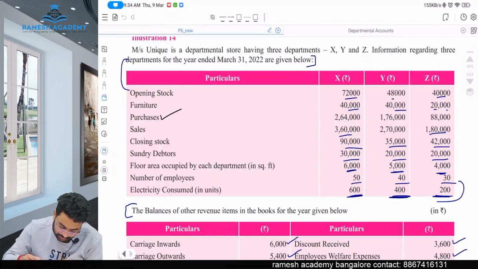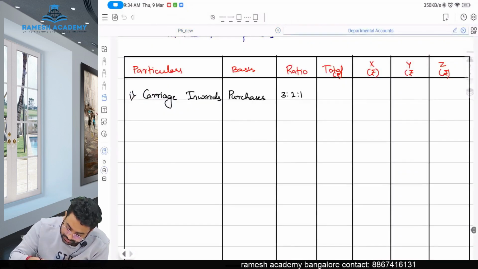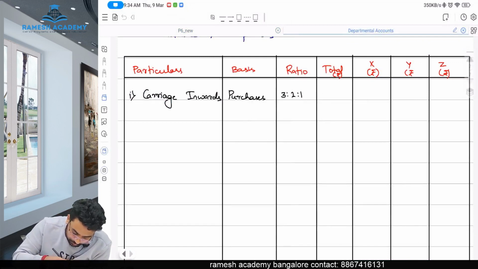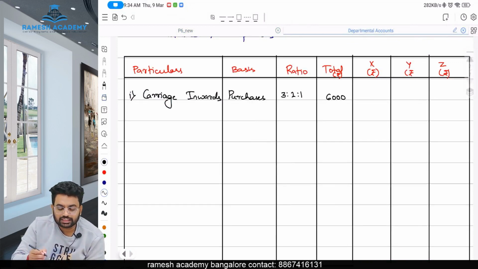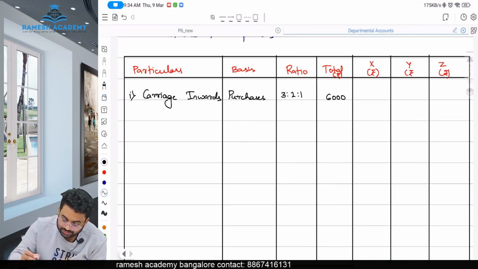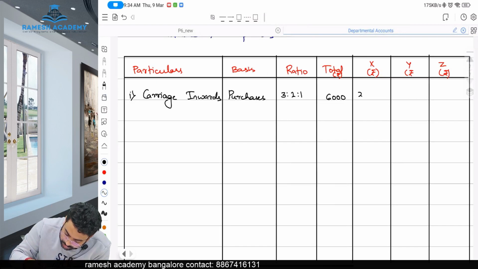Total carriage inward is how much, sir? Total carriage inward is 6,000. If we allocate 6,000 to X, Y, Z in this ratio, carriage inward will be 3,000, 2,000, 1,000.